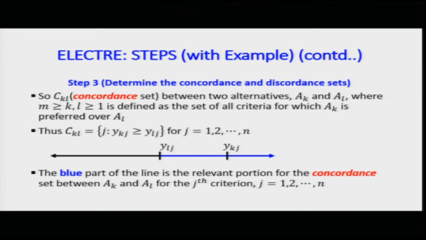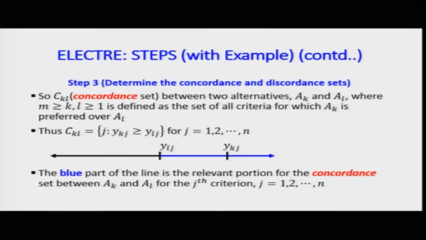Now remember, m was the index for the number of alternatives and n was the index for the number of criteria. So, Ckl would be given a value. If it is concordance, that jth value would come into this concordance set.